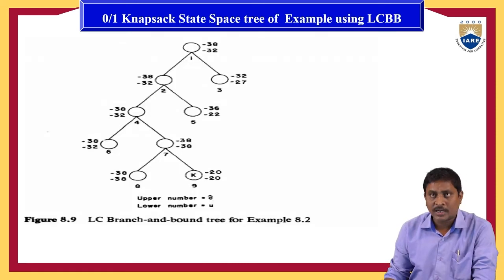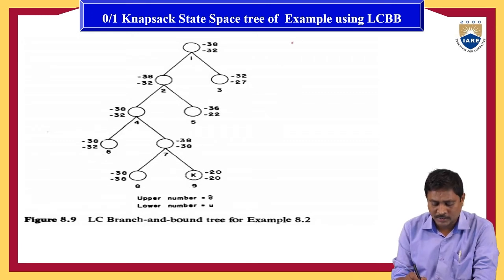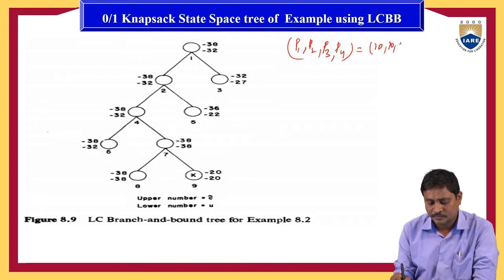Now we see how to solve this problem. The profit values P1, P2, P3, P4 are 10, 10, 12, 18. The corresponding weight values W1, W2, W3, W4 are 2, 4, 6, 9.